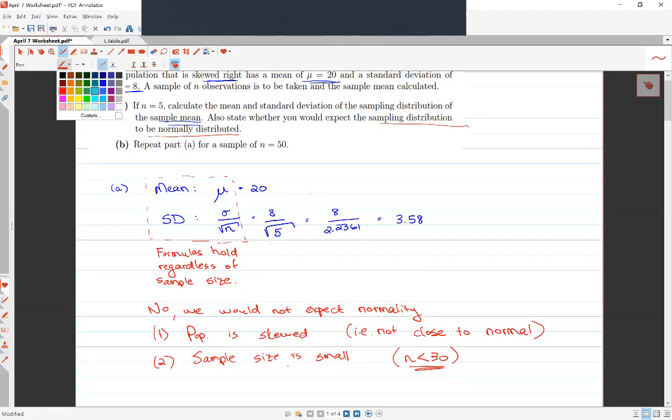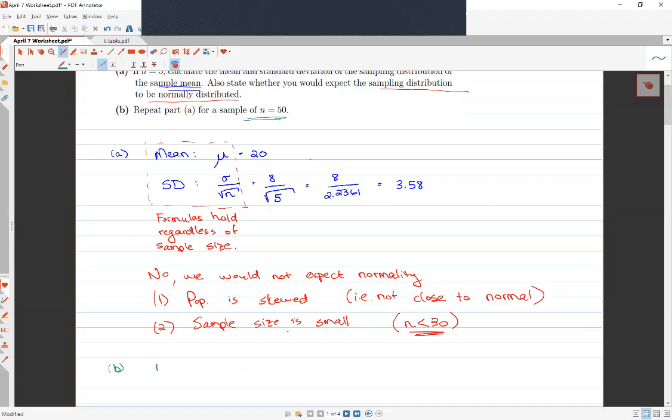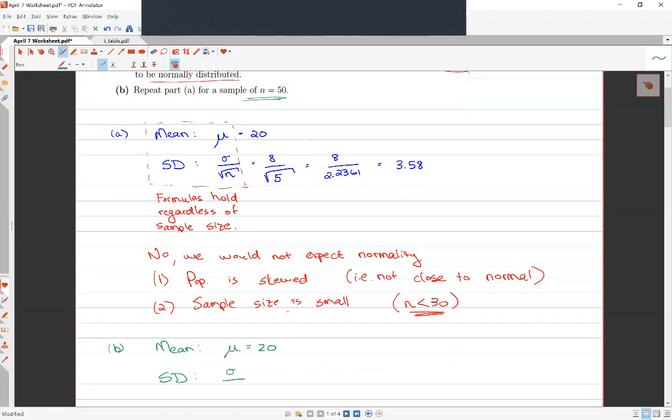What happens if I repeat all of these calculations for a sample of size 50? So the formulas for the mean and the standard deviation are unchanged. The mean is always just the mu value. The standard deviation is always given by sigma over square root of n.